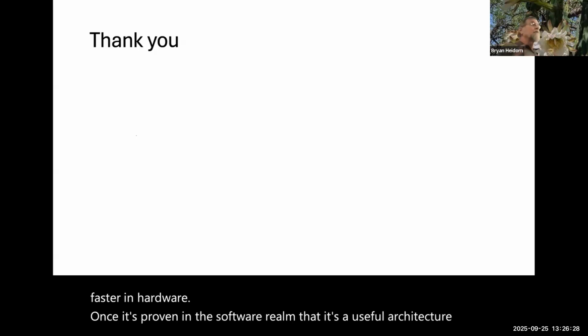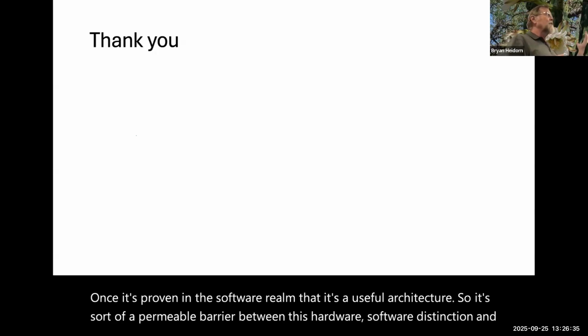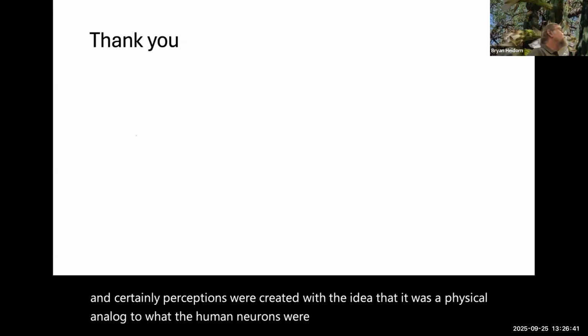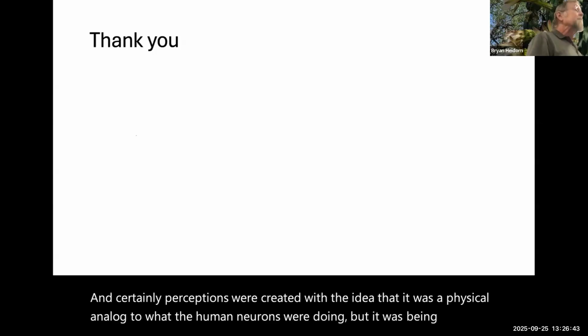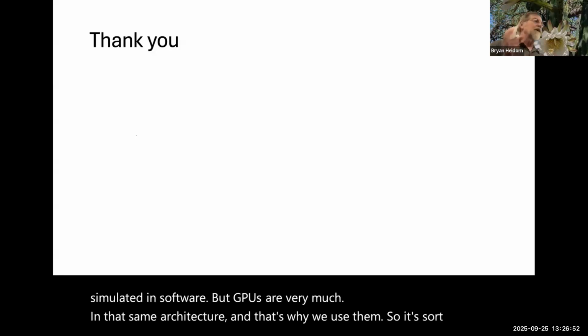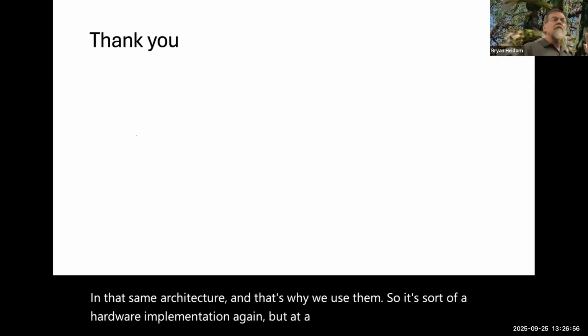So it's a permeable barrier between this hardware-software distinction. Certainly perceptrons were created with the idea that it was a physical analog to what human neurons were doing, but it was being simulated in software. But GPUs are very much in that same architecture, and that's why we use them. So it's a hardware implementation again, but at a vastly greater scale.